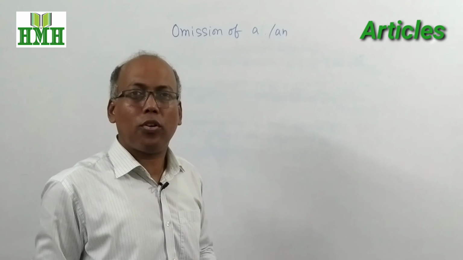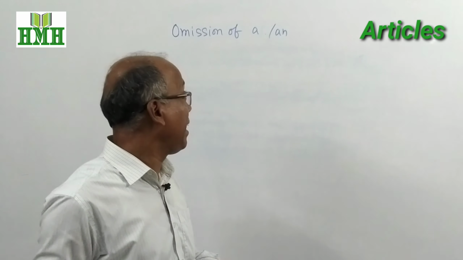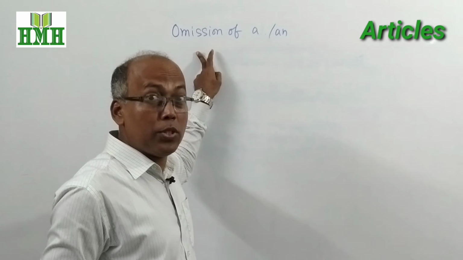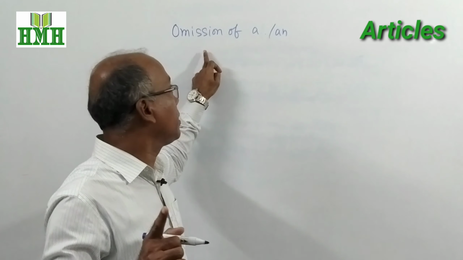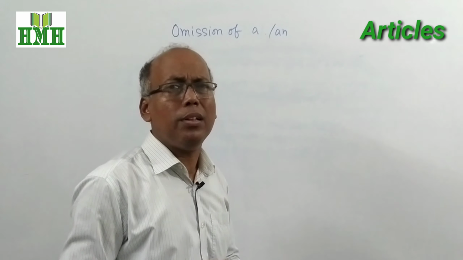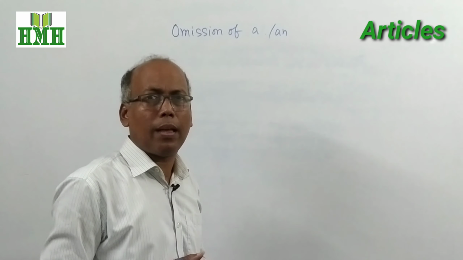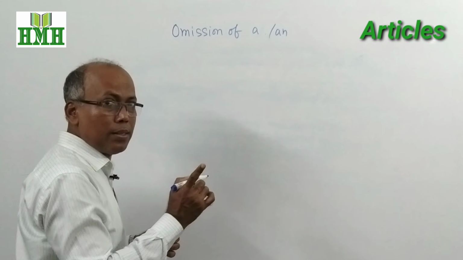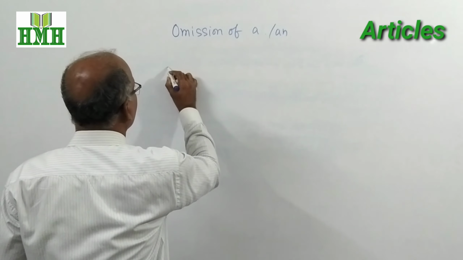Now, omission of A and N. That means where we don't use A or N. Before meal, we don't use any article. We don't use A or N before it.